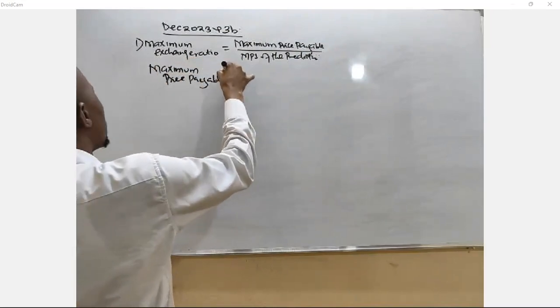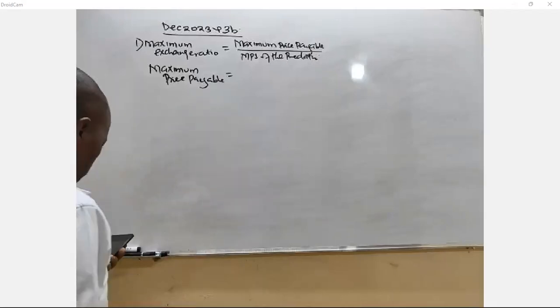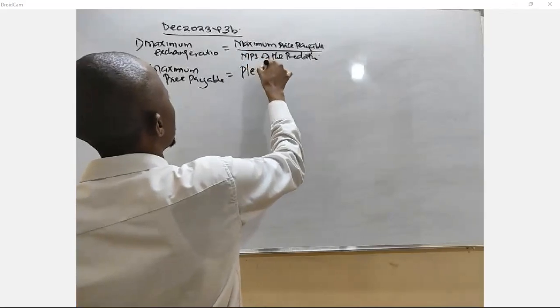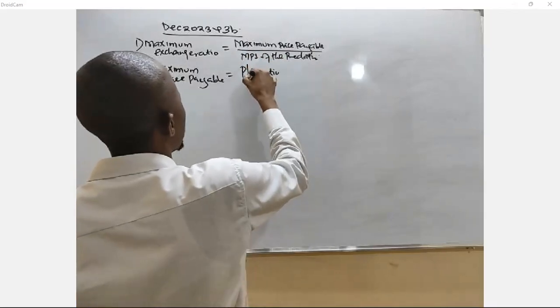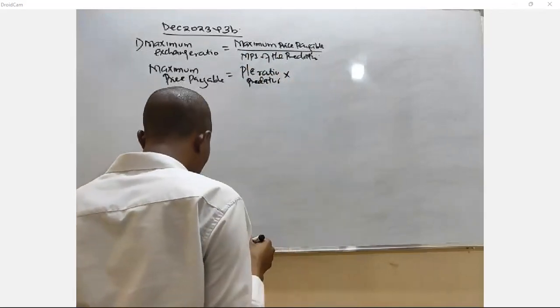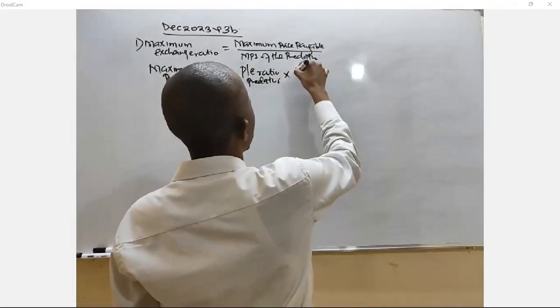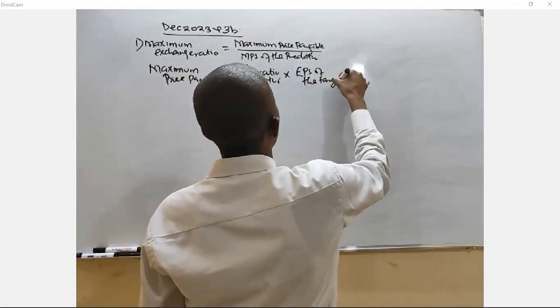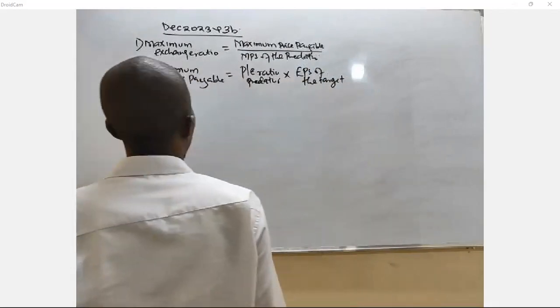To get the maximum price payable, we are going to take the P/E ratio of the predator and multiply by the earning per share of the target.